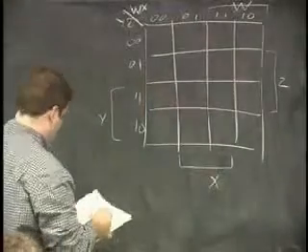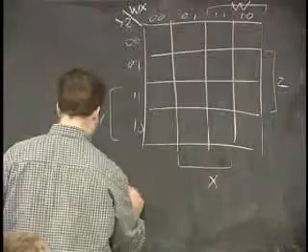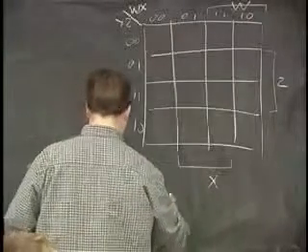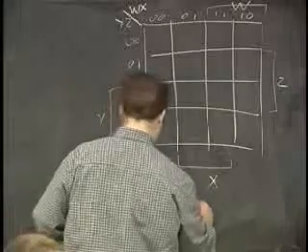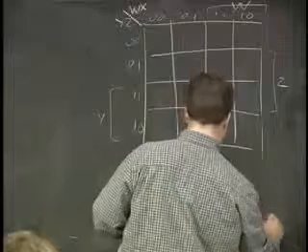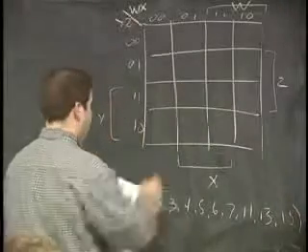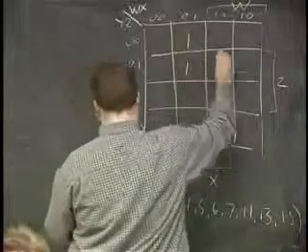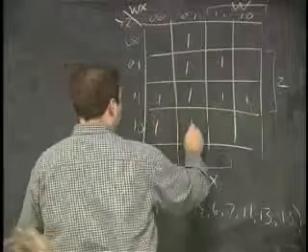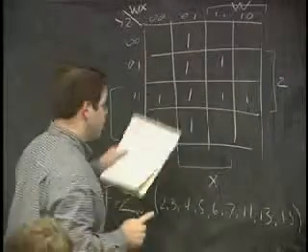Okay, so our logical function that we want to implement, we're going to express it the same way. It is 2, 3, 4, 5, 6, 7, 11, 13, 15. Okay, so I'm just going to fill these in. I'm going to go through this one rather fast because what I really want to show you is what we're going to do after this.